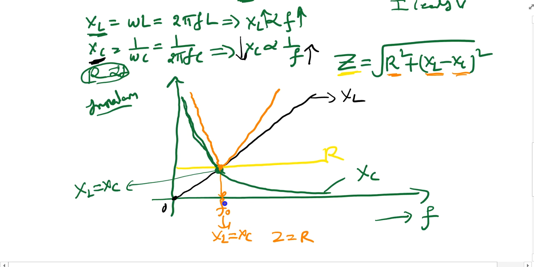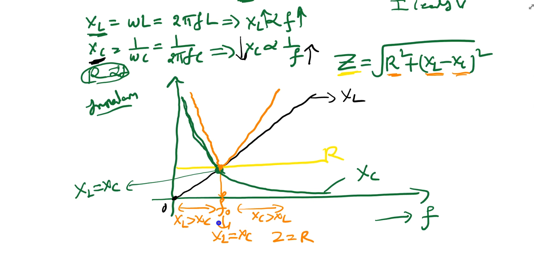After this point the impedance slowly increases again. So before this point, in this region, my XC is greater than XL, and in this region my XL is greater than XC. These are the points you need to understand here.